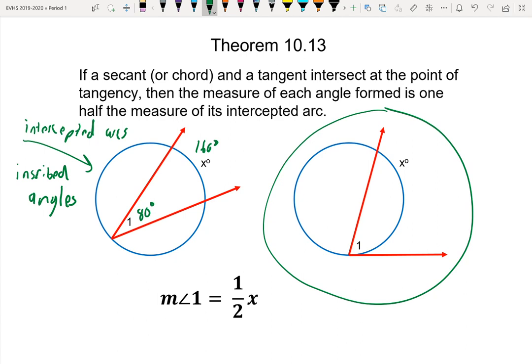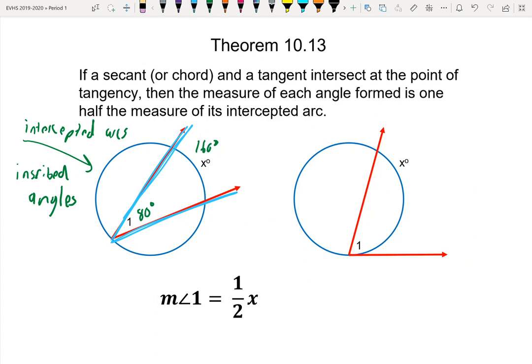Now, what you got to understand is that the one we talked about before was formed with two secants. We didn't label them secants at the time, or we did it with chords, I believe. But the same property applies over here on the right, where we're talking about a secant, which is this one going in the upwards direction, along with a tangent.